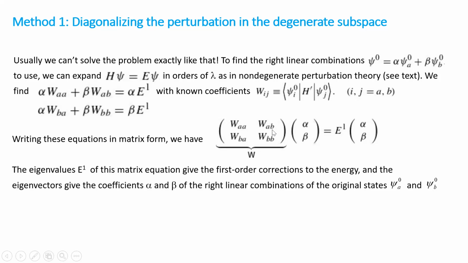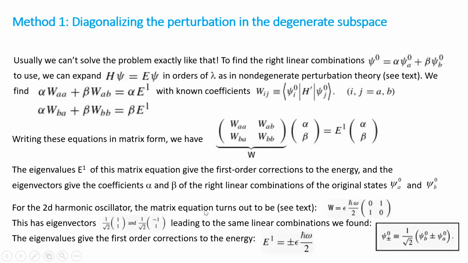So we just have to calculate some matrix elements and do this eigenvalue problem, and the two eigenvalues we get will be the two first order corrections to the energy, and the two relevant linear combinations which have those corrections are given by the eigenvectors, the two sets of alpha and beta.